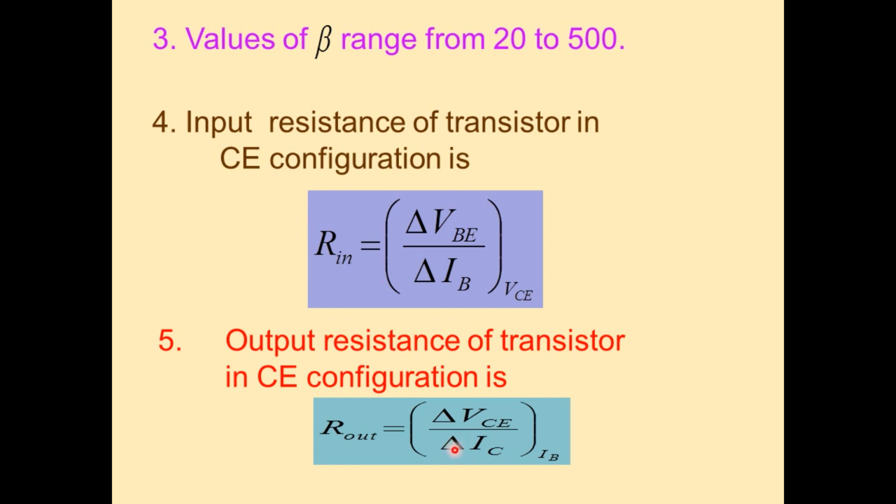The ratio of change in collector emitter voltage to the change in collector current when base current is kept constant is called output resistance of a transistor in common emitter configuration.